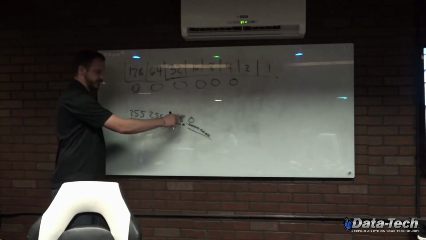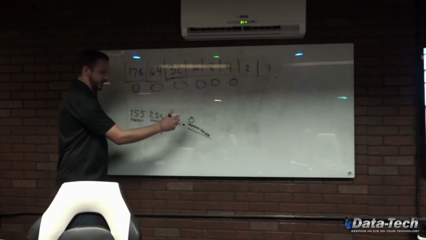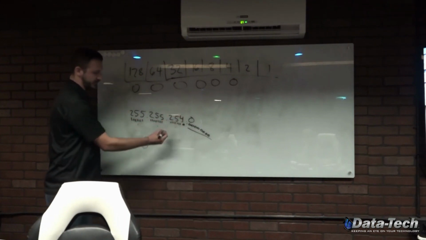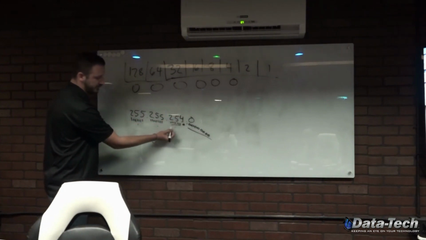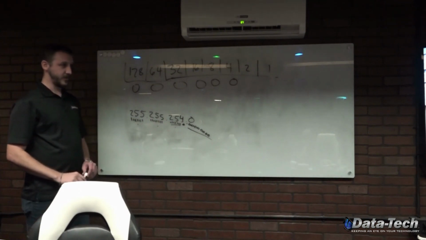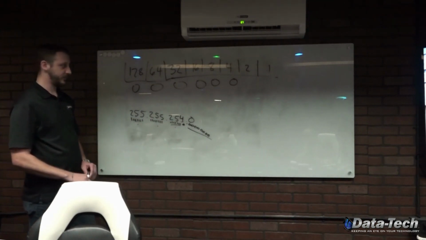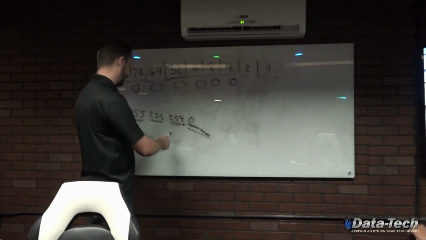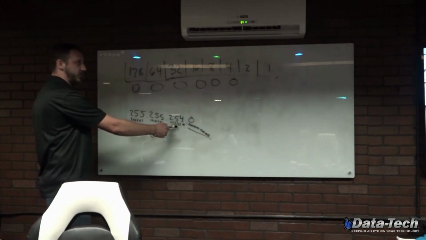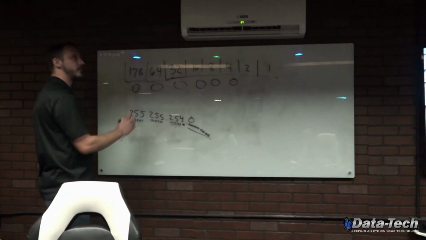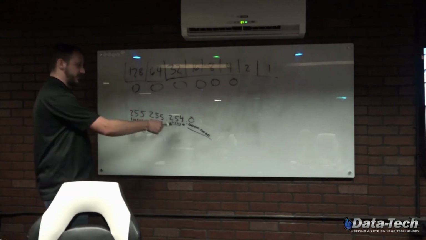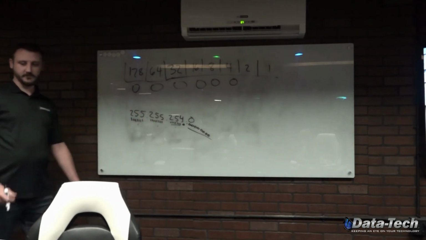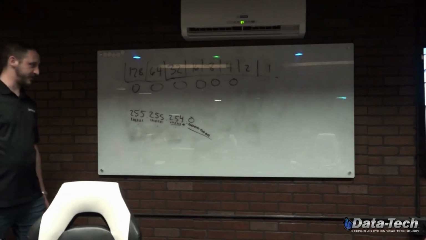And what that does is changes this to 254, because if we count from here, we're just minusing 1. Well, it's not really minus 1, but I think it's 2 to the 7th power. You can pull out a calculator if you want to check my math on that one.